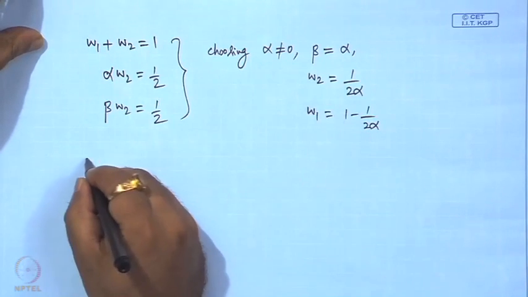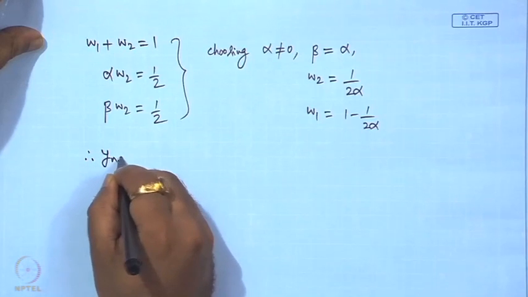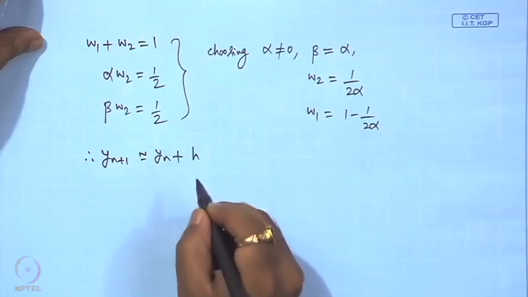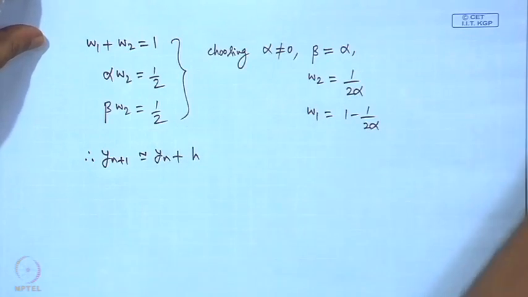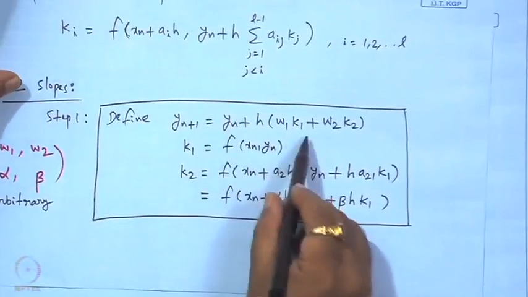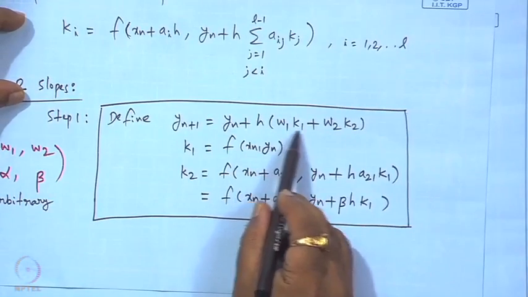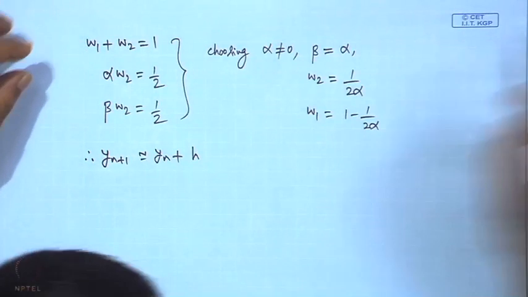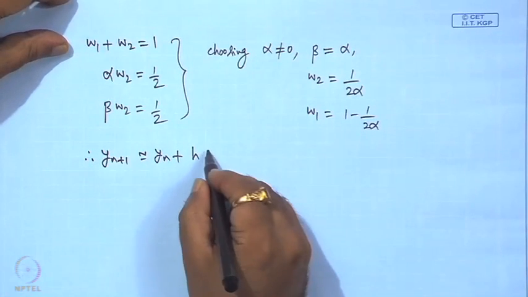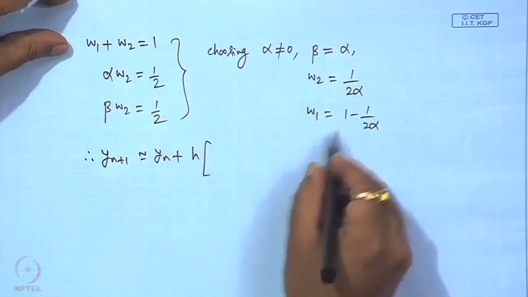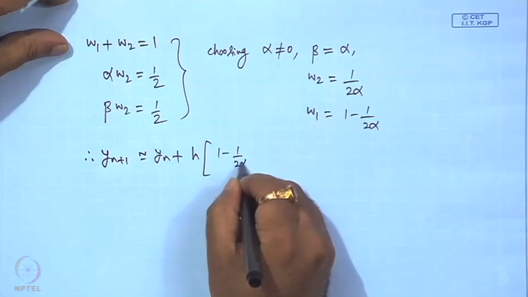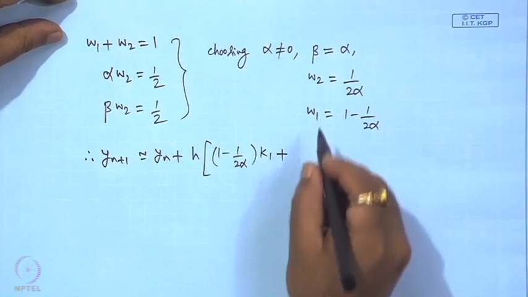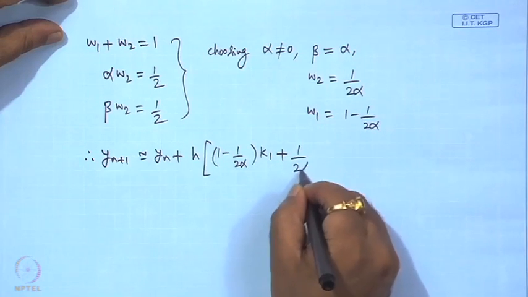So, with this our approximation becomes y n plus 1. What was our approximation? This was our approximation, h into w 1 k 1 plus w 2 k 2. Okay. So, we have h into w 1, which is 1 minus 1 over 2 alpha, k 1 plus w 2, which is 1 over 2 alpha, k 2.